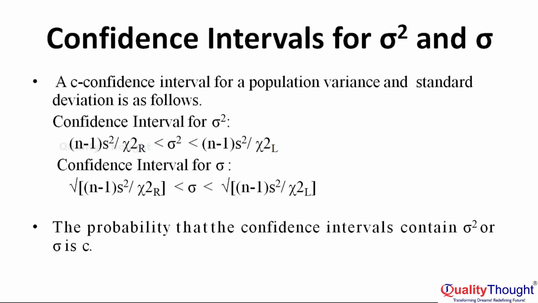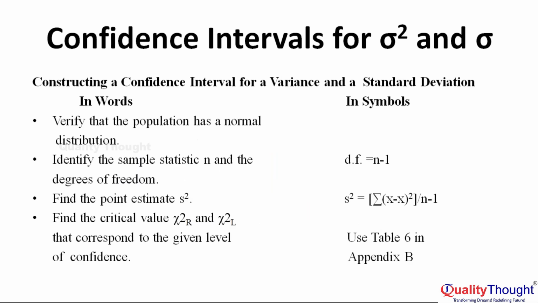This is how we need to identify the chi-square distribution. This is the overview of all the formulas that we have followed so far, even for identifying the variance, which is the sum of x minus x bar whole square divided by n minus 1, the sample variance, and the sample standard deviation.